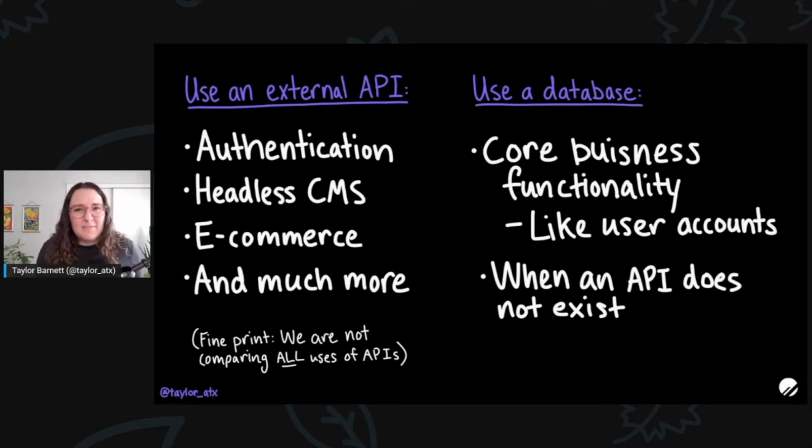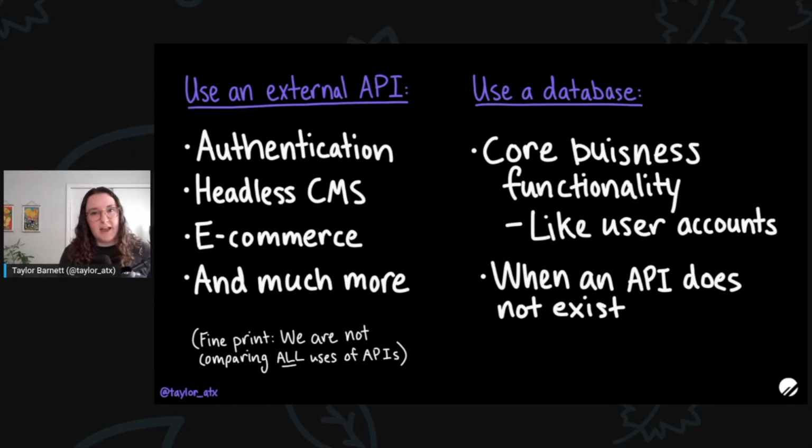But at the same time, you're not going to reinvent authentication or how to do content management. You're not going to reinvent e-commerce or any of the amazing APIs that are out there that are just standard across companies. If it's unique to your business, maybe there is a role that the database plays.